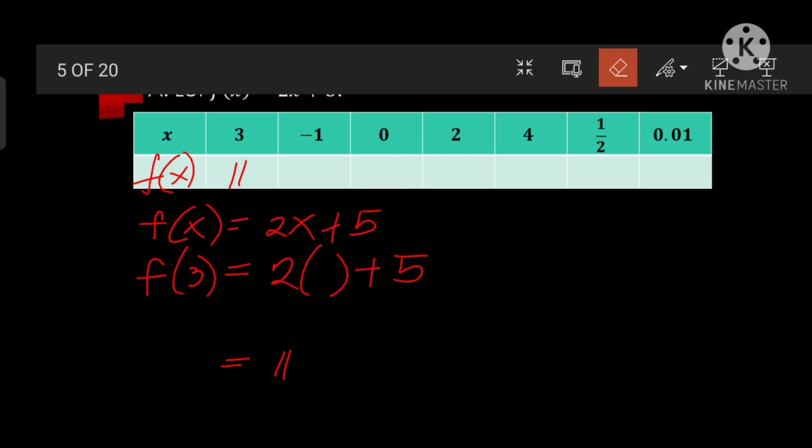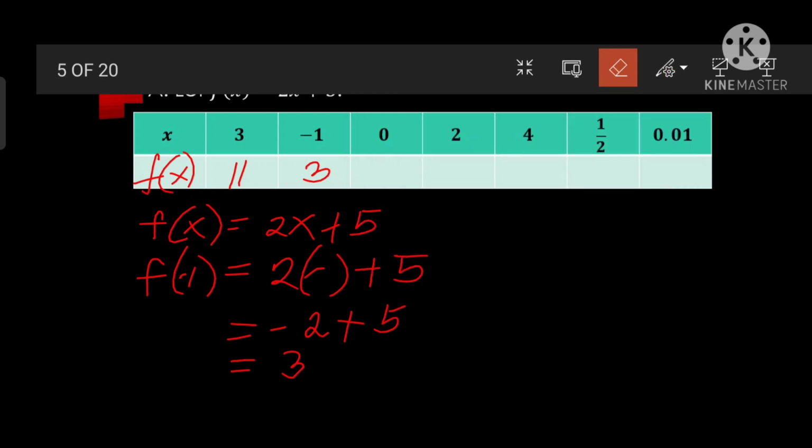Next, when x is equal to -1, again, substitute -1 for x. So we have 2 times -1, we have -2 plus 5, and -2 plus 5 is equal to 3. So when x is equal to -1, our f of x is equal to 3.